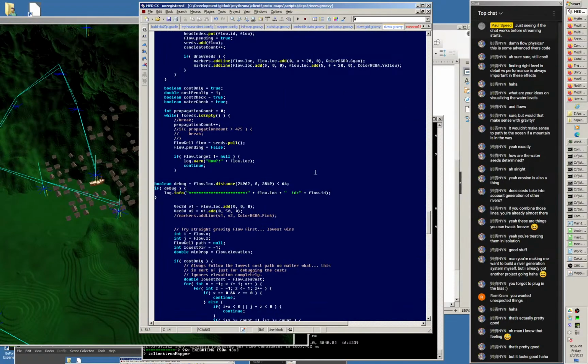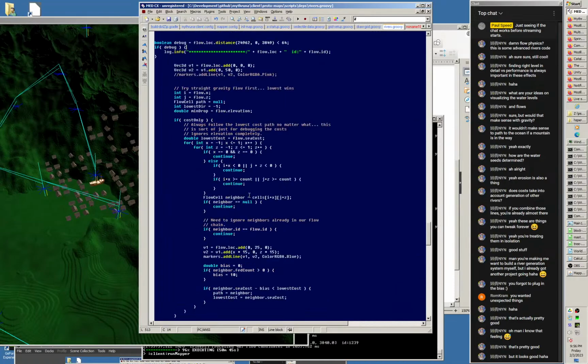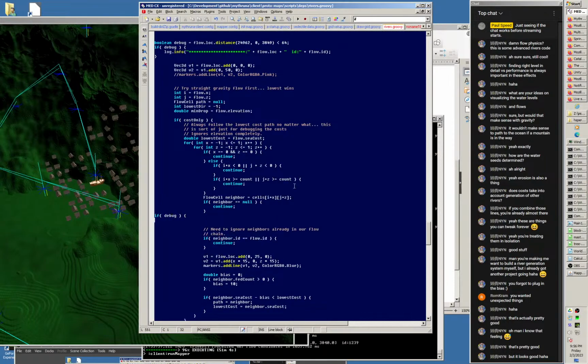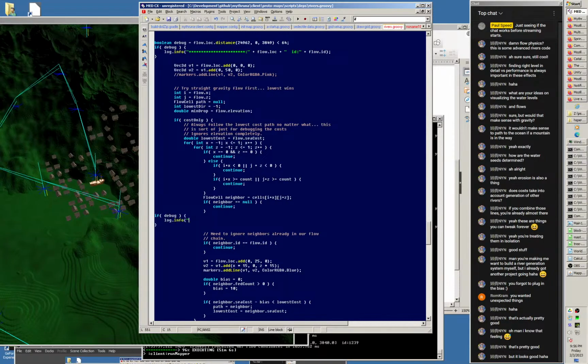Alright, so we got a debug set. Cost only is where we are, so we know. Let's see. If debug, info neighbor.